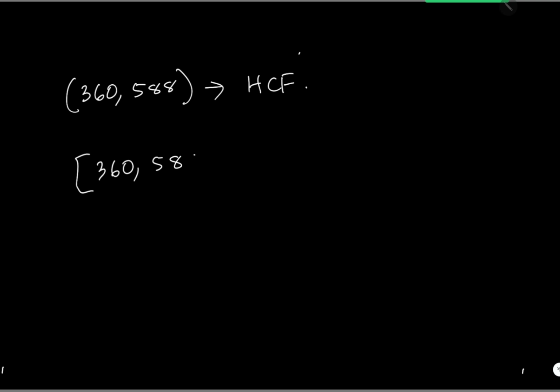I will use the first bracket to express an HCF of the numbers, let's say 360 and 588. If I use the first bracket, then this means HCF, and if I use the third bracket, then this will mean LCM. If you see this notation in the question, then know that the first bracket is talking about HCF and the third bracket is talking about the LCM.